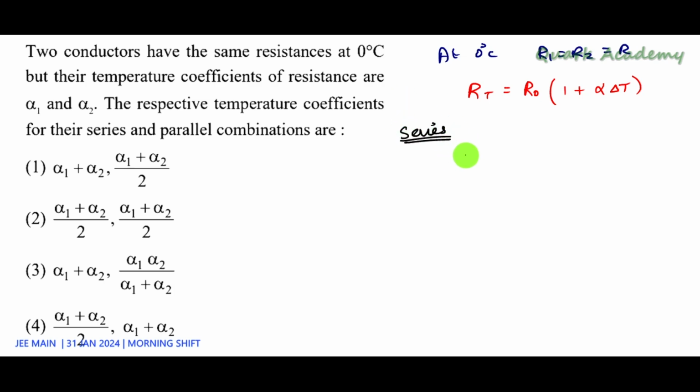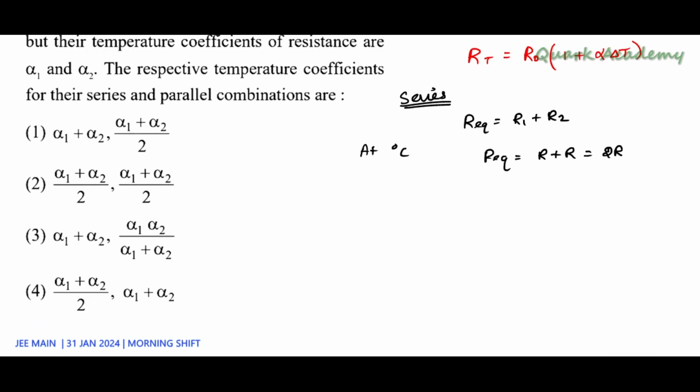When two resistors are connected in series, the equivalent resistance is R1 plus R2. At 0 degrees Celsius, R equivalent is R plus R, which is 2R. Let's use this particular equation and figure out the equivalent resistance at temperature T. R equivalent at T equals R1T plus R2T.